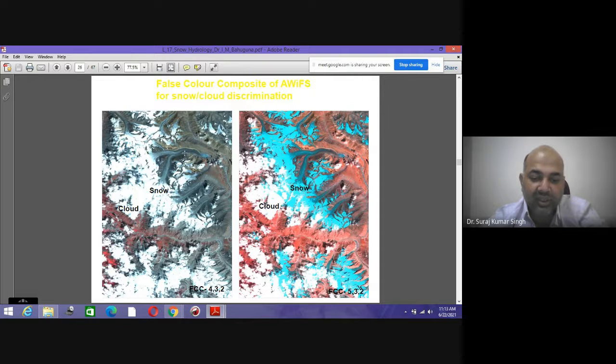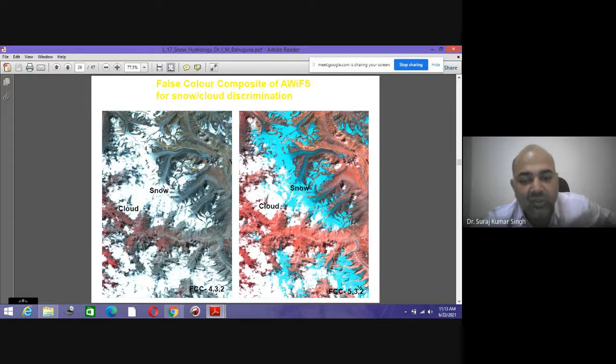You can see that when we used a false color composite of band combination on a Landsat image, the band combination 432 made it tough to differentiate between cloud cover and snow.